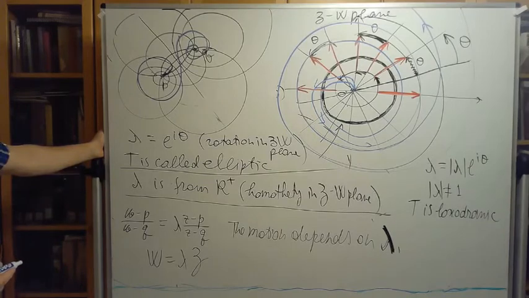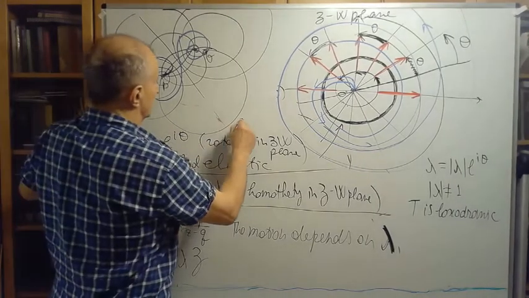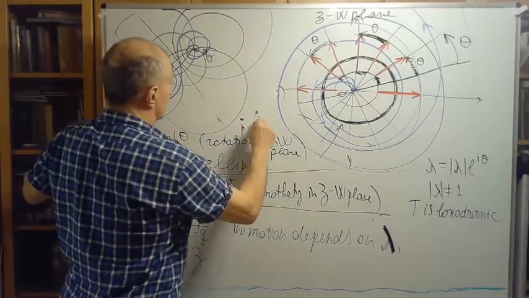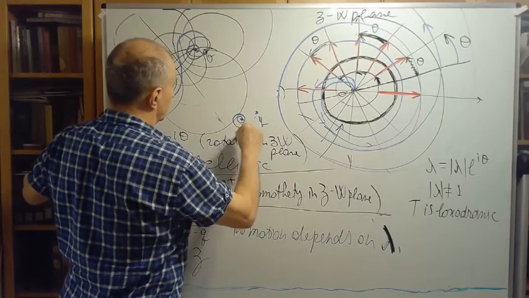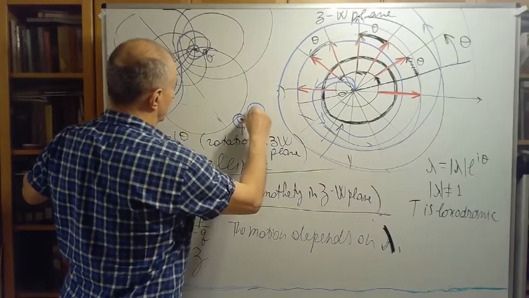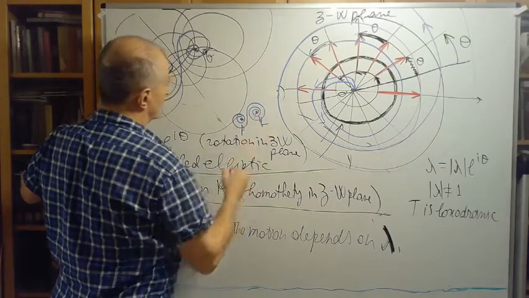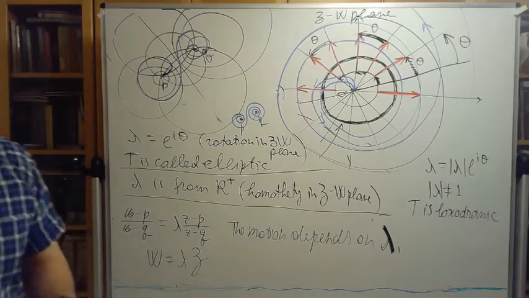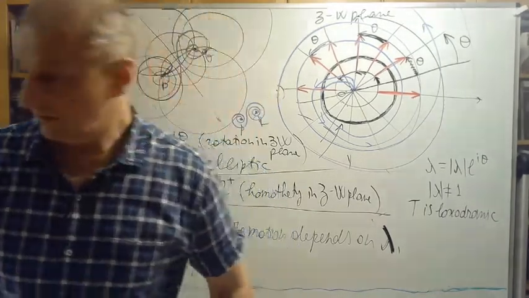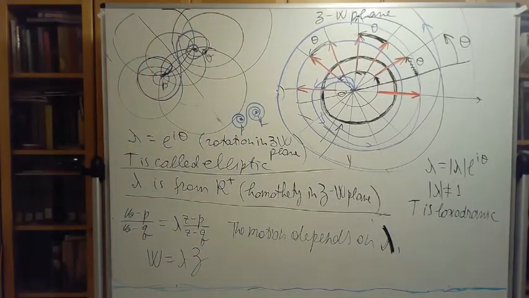That's what a loxodromic transformation looks like. If this is P and this is Q, it starts like this, and so on.